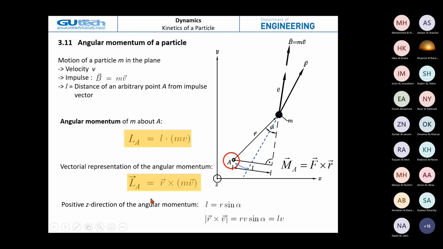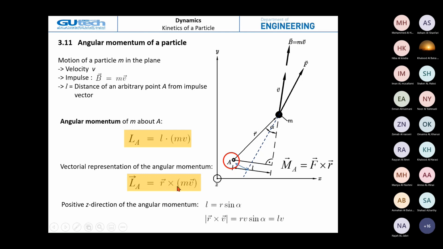If we make dLA divided by dt, this is the change, L dot, and as you can see there are two terms.